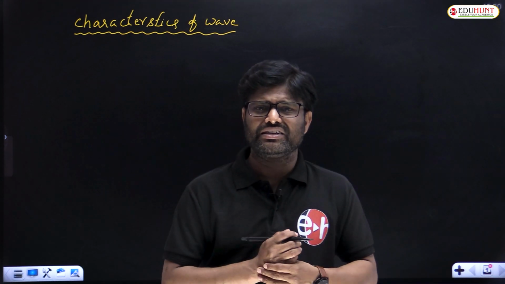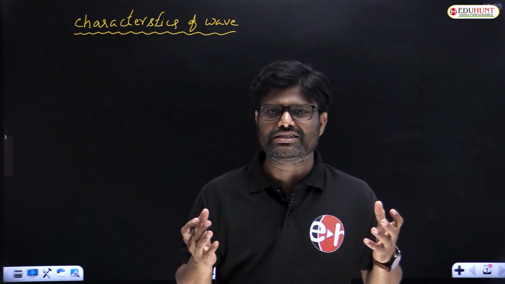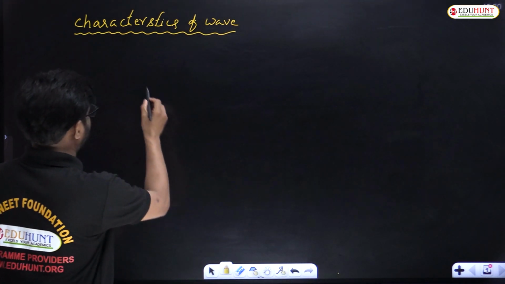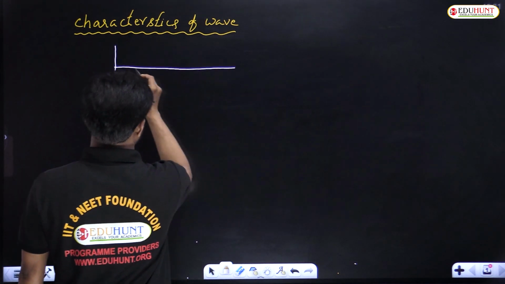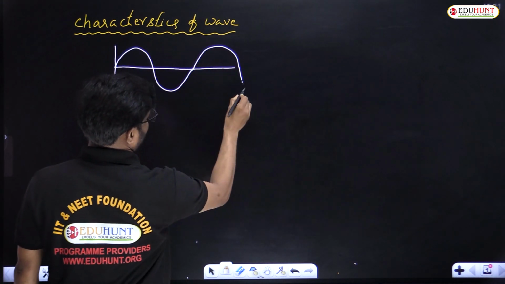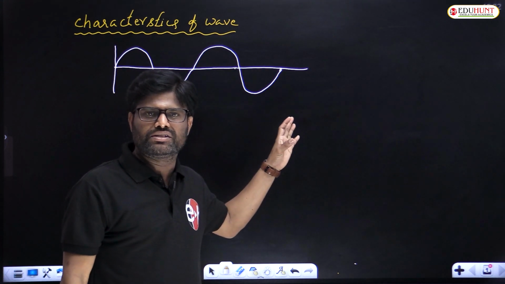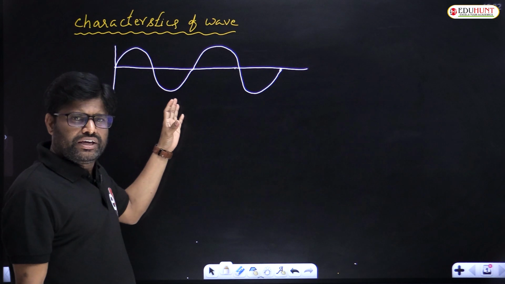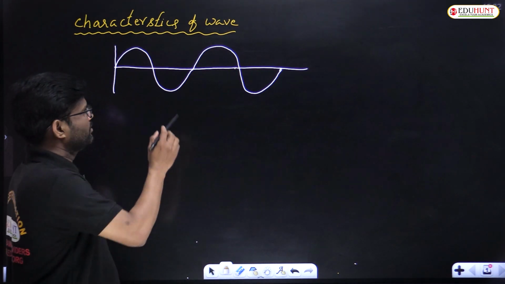Where is it present? Light has particles and waves. So that's why light travels in the form of waves like this. This is the light travelling in the form of wave direction. Here light has waves.